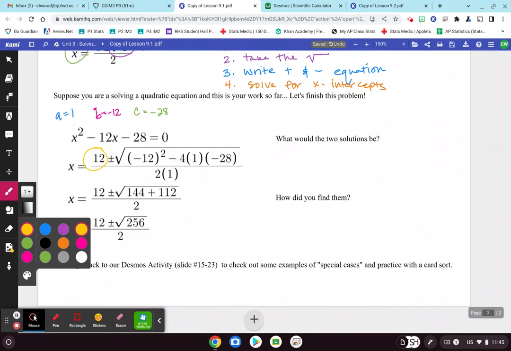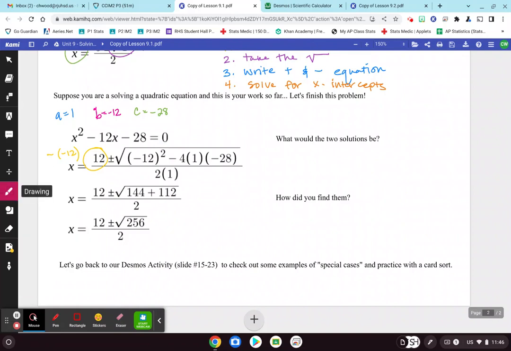If they would have shown all the work there, it would have looked like a negative 12, just so you know. Okay? And then the rest of it, they simplified as they went. Square the 12 inside the parentheses with its negative sign, multiply everything out. You end up all the way down here at the bottom where you can start by taking the root of 256.